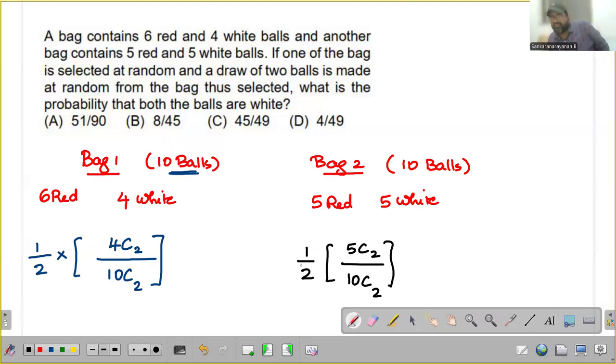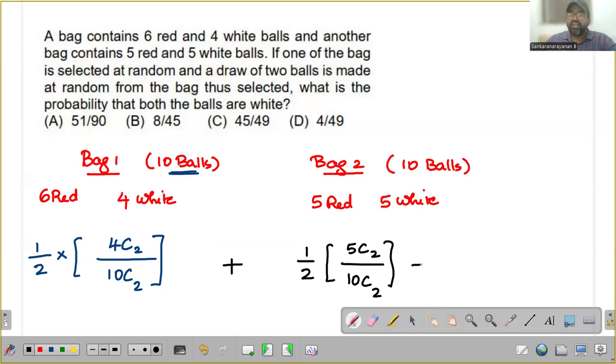So after I have written up to these points, you can see it can be bag 1 with the respective probability like this, or it is bag number 2 with the respective probability like this. So you have to add them together and that will fetch you the result. Okay.